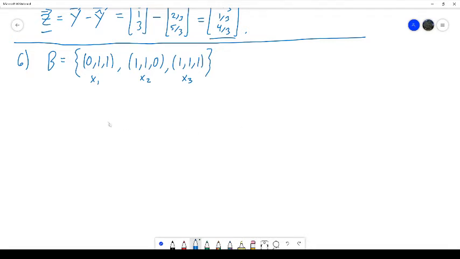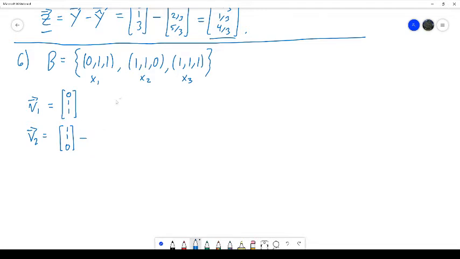So then our first step is to find these v vectors that are the orthogonal versions of our basis vectors. So v1 is just going to be equal to x1. Don't have to do anything there. v2 is going to be x2 minus the projection of x2 onto v1.